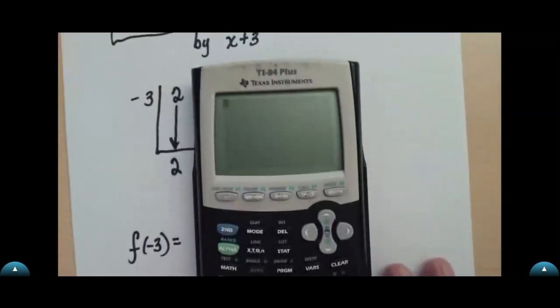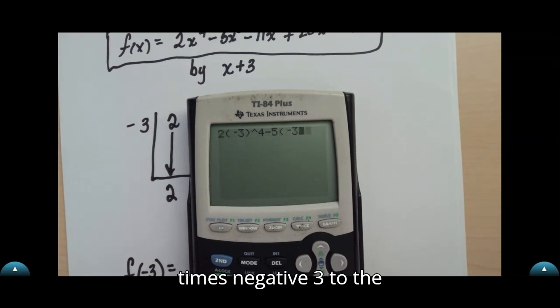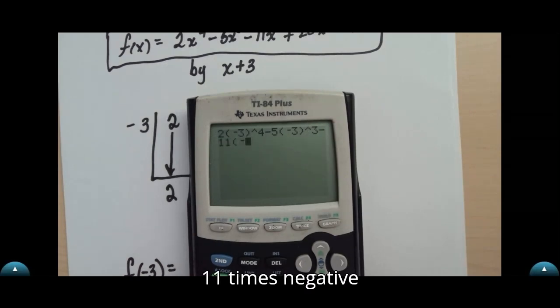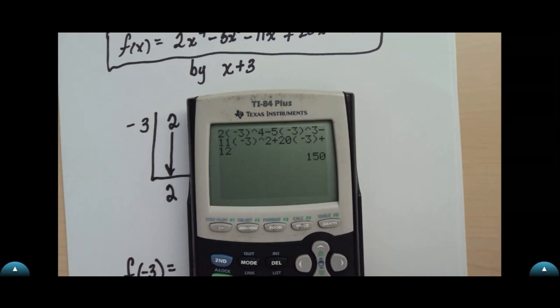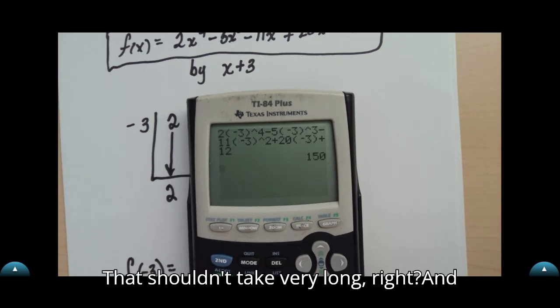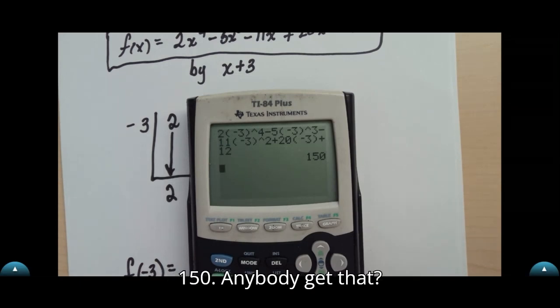So look, we've got 2 times negative 3 to the 4th minus 5 times negative 3 to the 3rd minus 11 times negative 3 to the 2nd plus 20 times negative 3 plus 12, and then we hit our enter key. That shouldn't take very long, right? And my calculator claims the answer is 150.